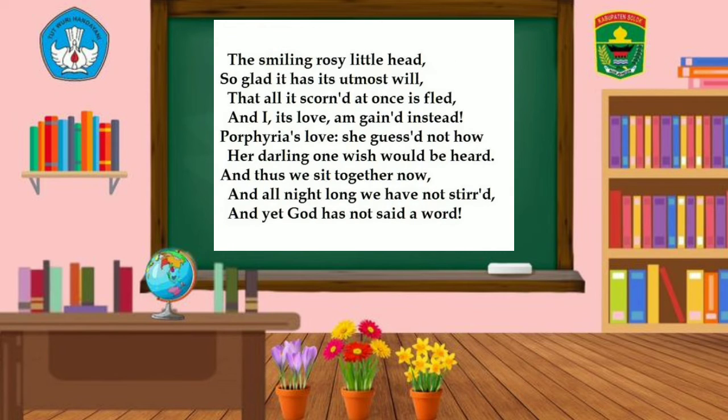The smiling, rosy little head, so glad it has its utmost will, that all it scorned at once is fled, and I, its love, am gained instead. Porphyria's love, she guessed not how her darling one wish would be heard. And thus we sit together now, and all night long we have not stirred. And yet God has not said a word.